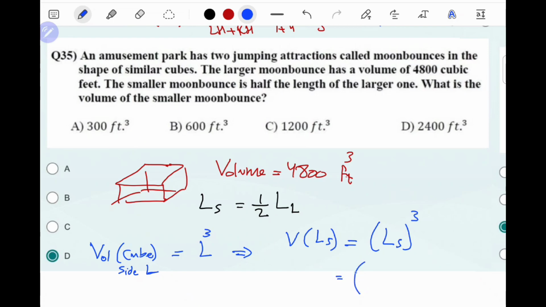And then substituting Ls, we know that Ls is just 1/2 L, or half the length of the side of the big cube.